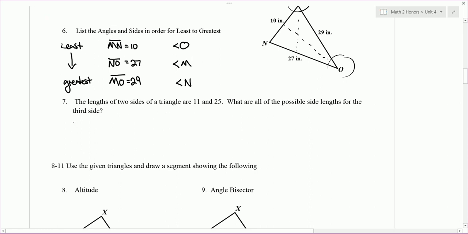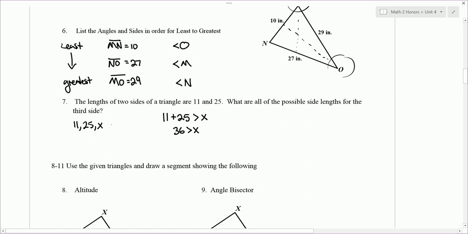So our three sides are 11, 25, and x. Let's first assume that x is the largest side. If x is the largest of the three, then 11 plus 25 needs to be bigger than x by the triangle inequality. And so 11 plus 25 is 36, so 36 needs to be larger than x.